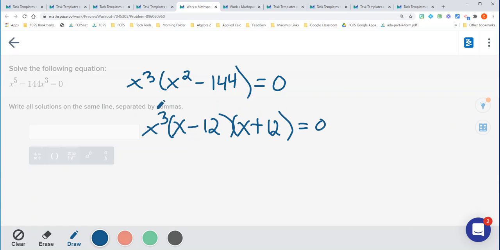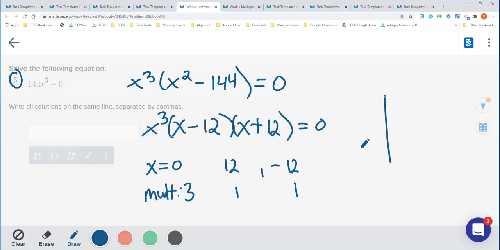Notice here that we actually do have 5 solutions, okay? So x equals 0 is a multiplicity of 3 because it's 3 times. And then we have positive 12 and negative 12, each with multiplicities of 1. So we have 3 x-intercepts: 0, positive 12, and negative 12.